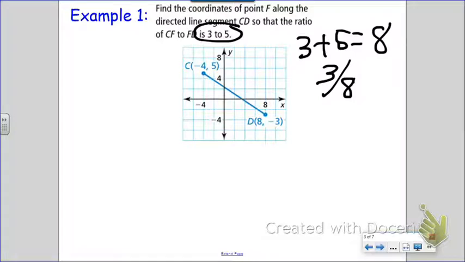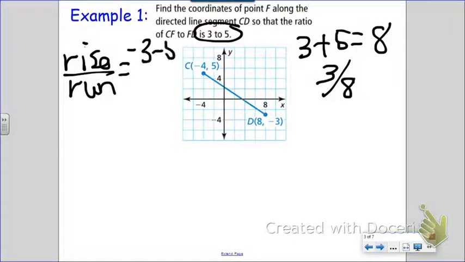Next we're going to do rise over run. So that would be -3 minus 5 over 8 minus -4, which is -8/12. Do not simplify that. To get our answer, we're going to take the values for the rise over run.